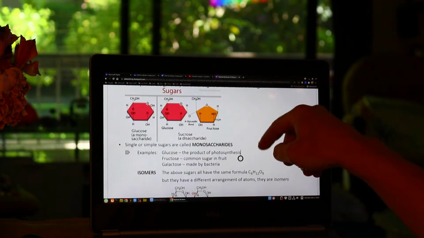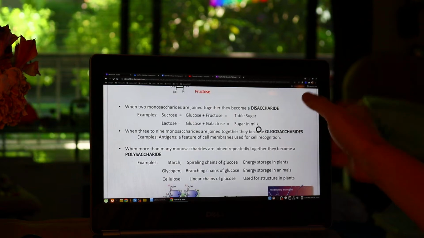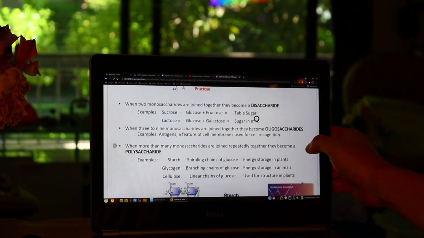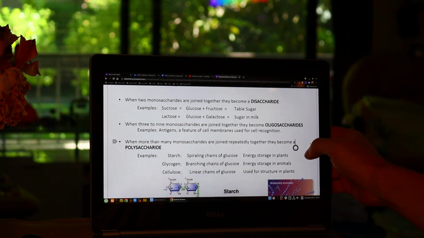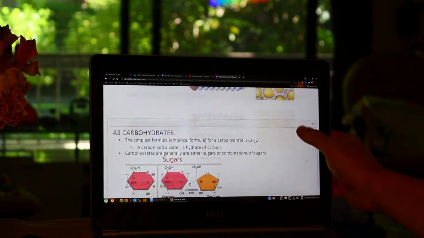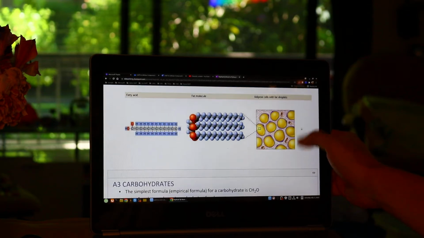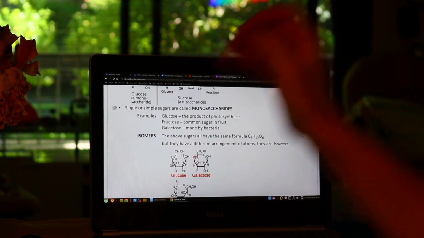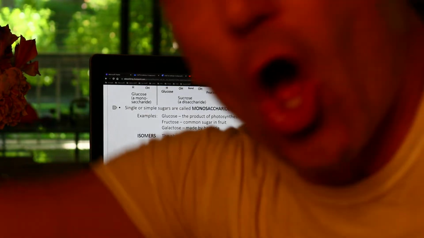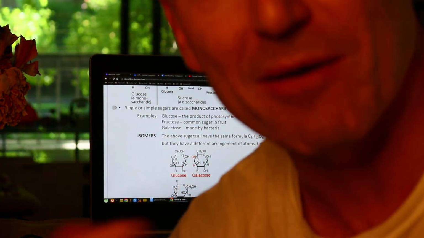Stitch a few more together, and a few monosaccharides chained together is going to be an oligosaccharide. And then a long chain, many of these monomers stitched together, is going to be a polysaccharide.